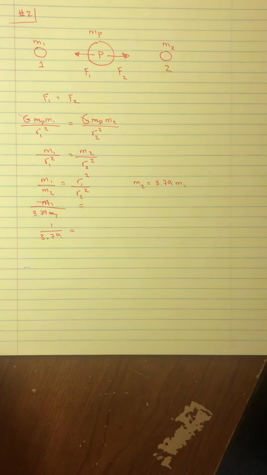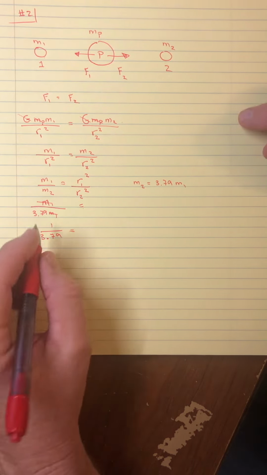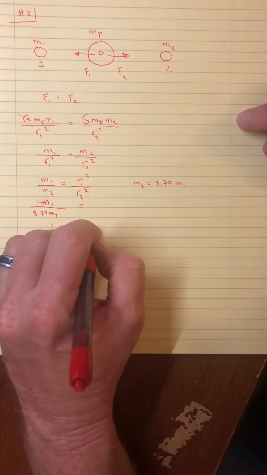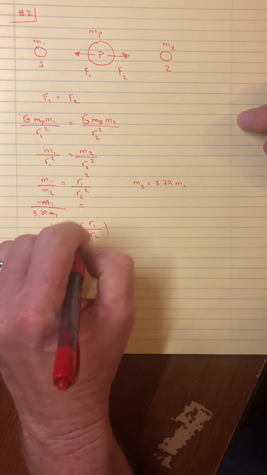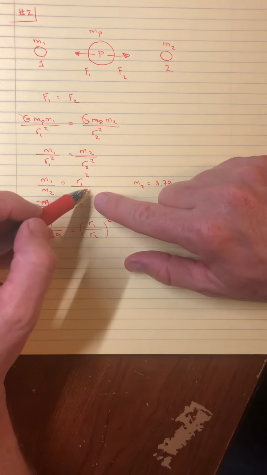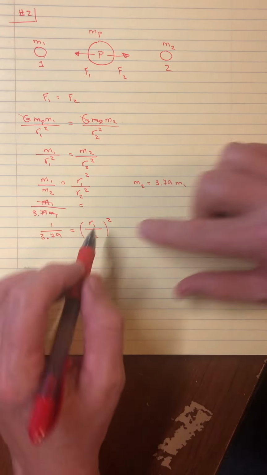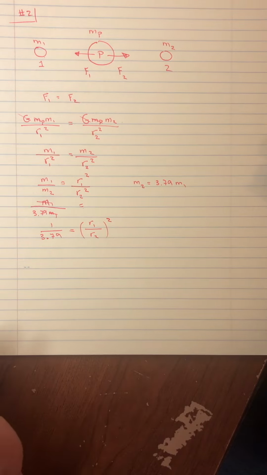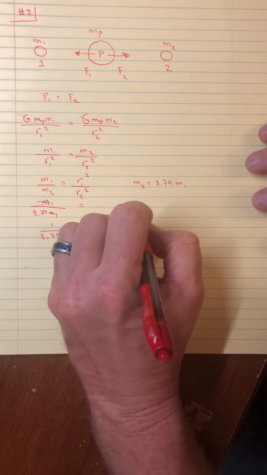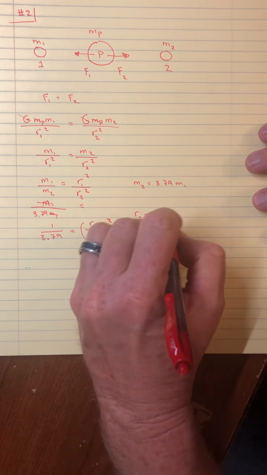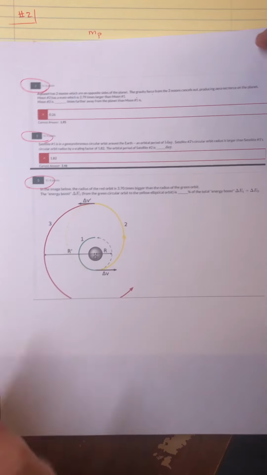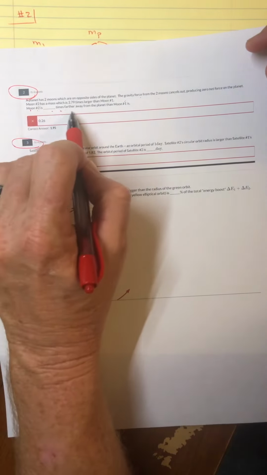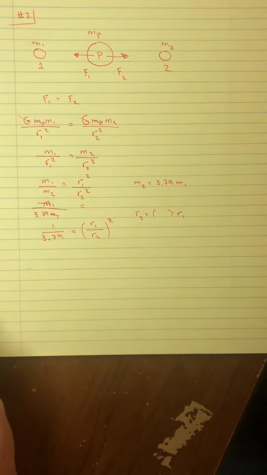Then I can come over here and write this as R1 over R2, and I'll take the whole quantity squared. I'll just put this as a ratio and then take the square root of the whole ratio. What we're looking for is something that says radius number 2 is so many times bigger than number 1, that moon number 2 is blank times further away than number 1.